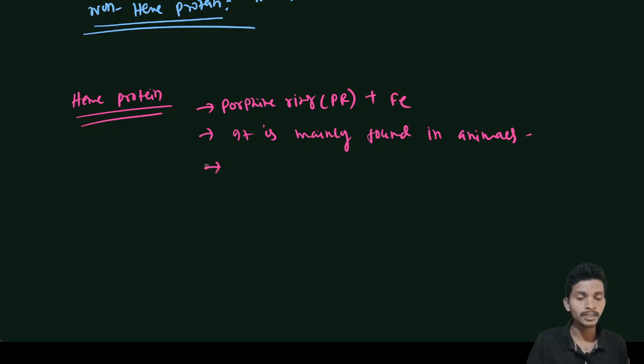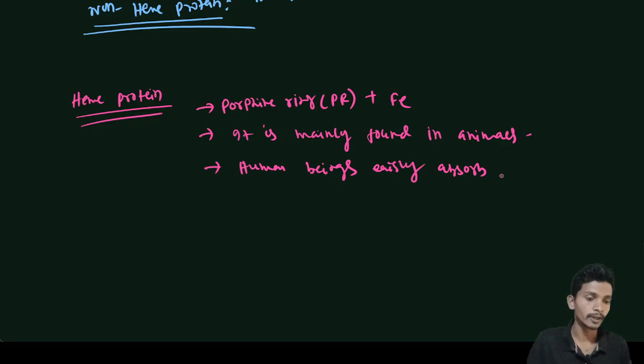Human beings can efficiently and easily absorb Fe from heme proteins.